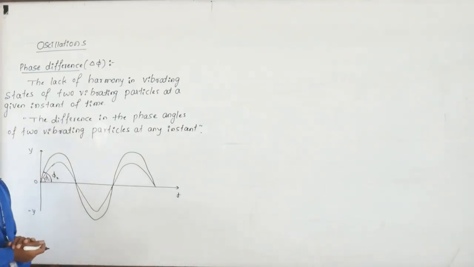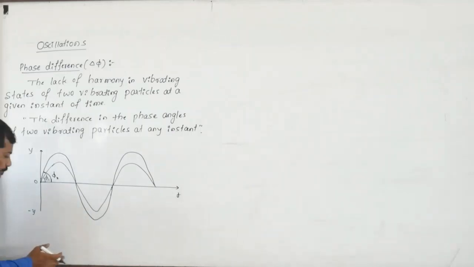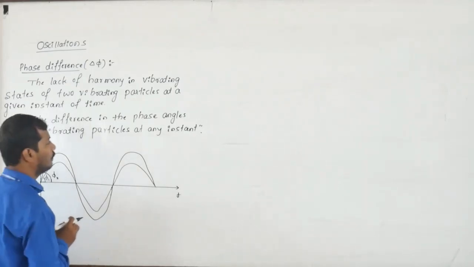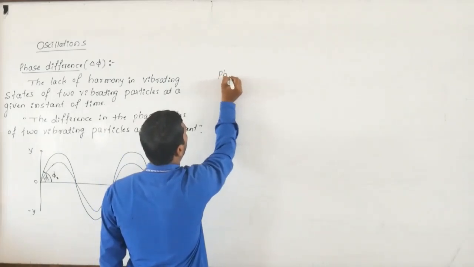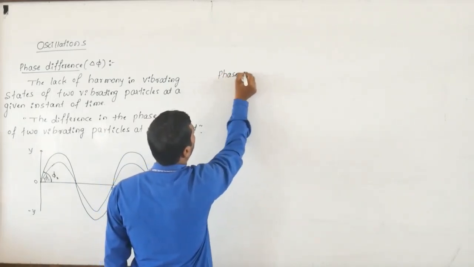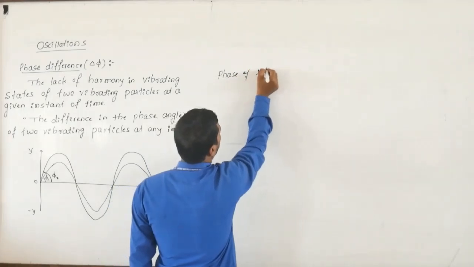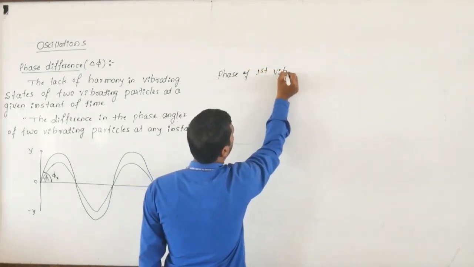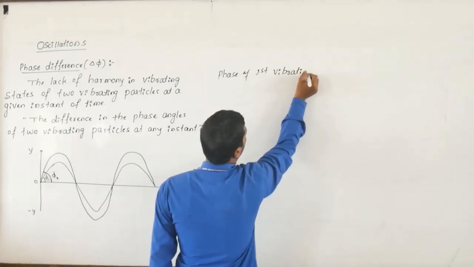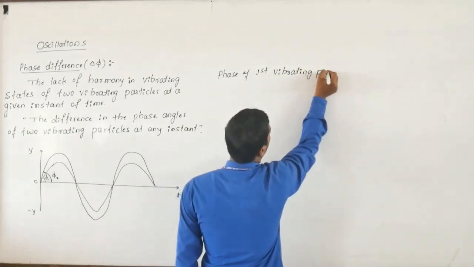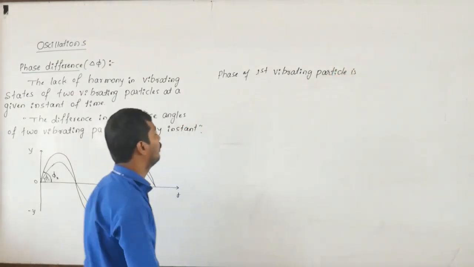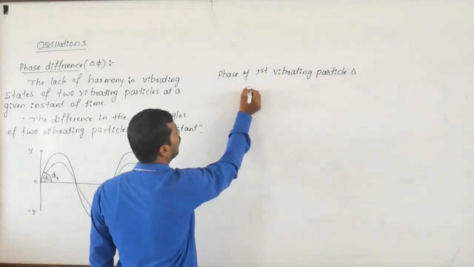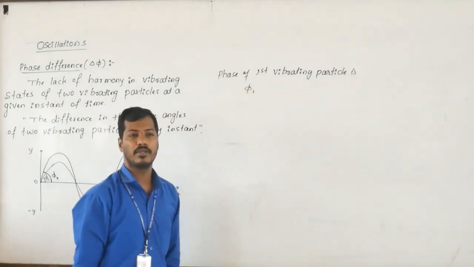What is the phase difference of these two? If we want the phase difference, we have one equation for this phase. The phase of the first vibrating particle is phi 1.